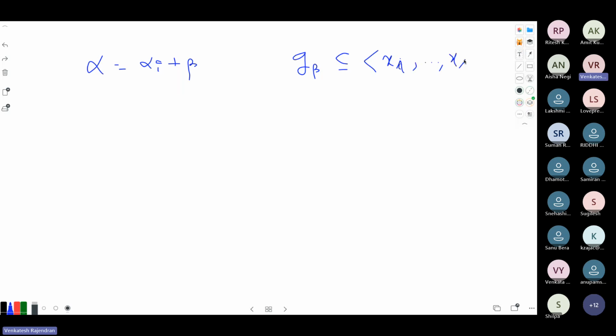etc., xl. Not only that, if I choose any non-zero element here, I can assume that this is of the form some x_i1, etc., x_i, or minus 1 x_i.